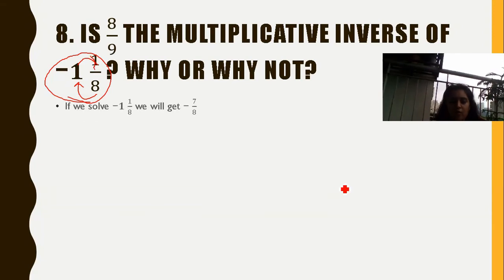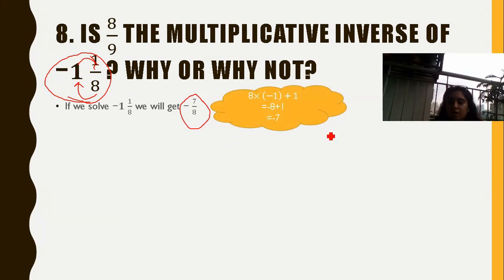I will solve it for you. If we solve this, minus 1 upon 1 upon 8, we will get minus 7 upon 8. How do we get it? I have solved it for you: 8 multiplied by minus 1, plus 1. I have put minus 1 in a bracket, and I have told you so many times that every negative number should be put in a bracket.